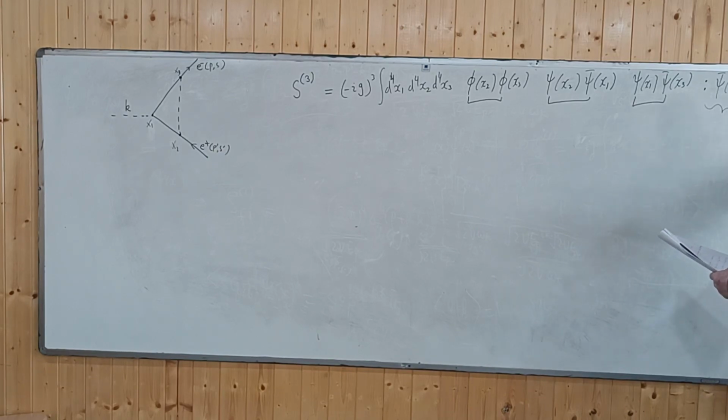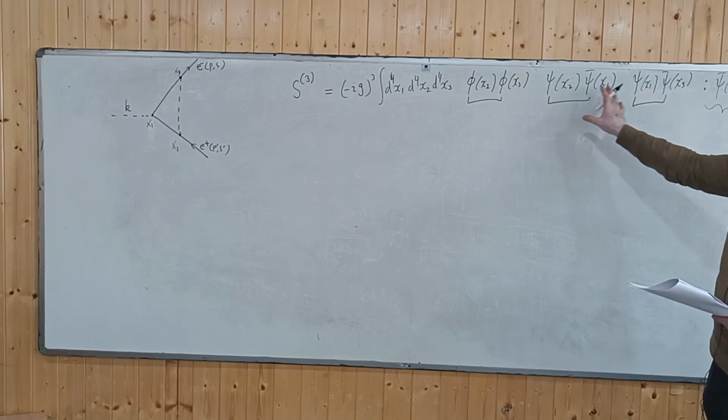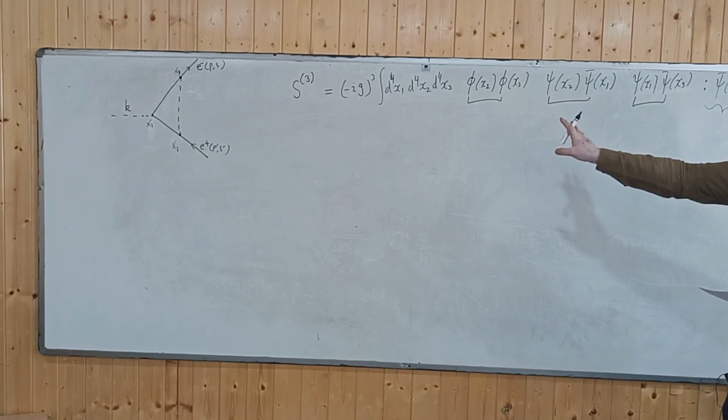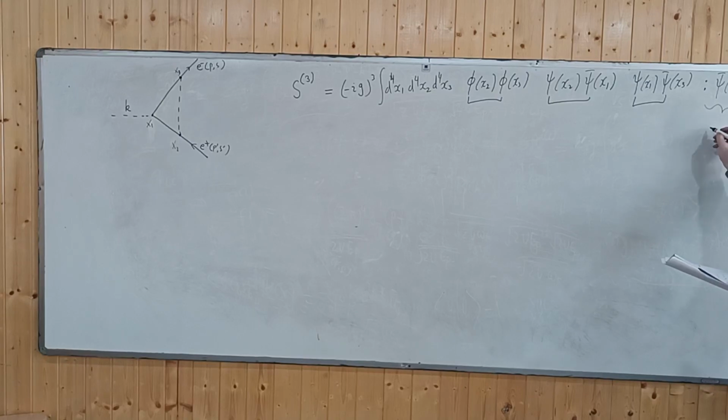And this very object is simply what? These are all numbers because they represent the propagator. This is simply what we have seen: ψ̄⁻ at x2, then ψ⁻ at x3, and this is φ⁺ at x1. Clear? You sure? Because we have seen ψ̄ψφ contains actually 16 terms.